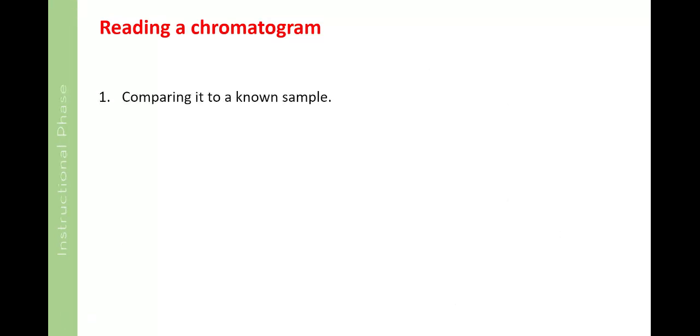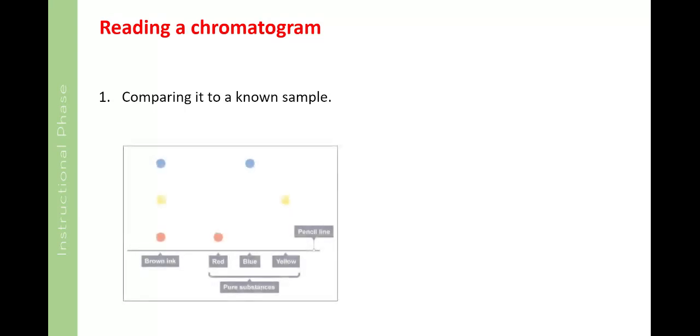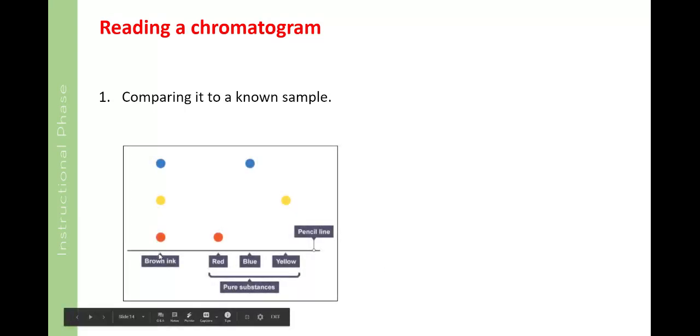So reading a chromatogram. So let's look at questions in terms of comparing it to a known sample. So here we can see that brown ink has got 1, 2, 3 different dyes in it, 3 different substances. It's not pure. We can see red, blue and yellow all have one dot, one dye. So we can see that red, blue and yellow are pure substances because they only contain one component.